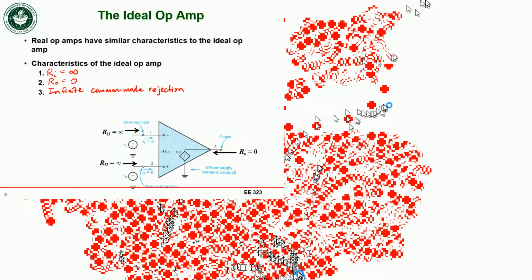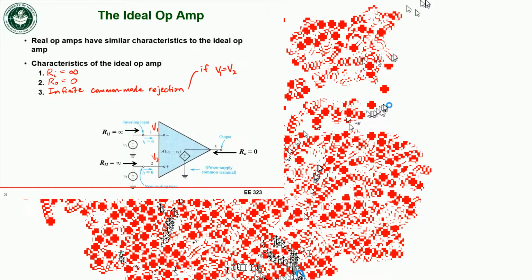What that means is that if the voltage at one of my input terminals, this one labeled 1, is V1, and the voltage at the other terminal is V2, and those voltages are equal to each other, then my output voltage is going to be equal to 0.